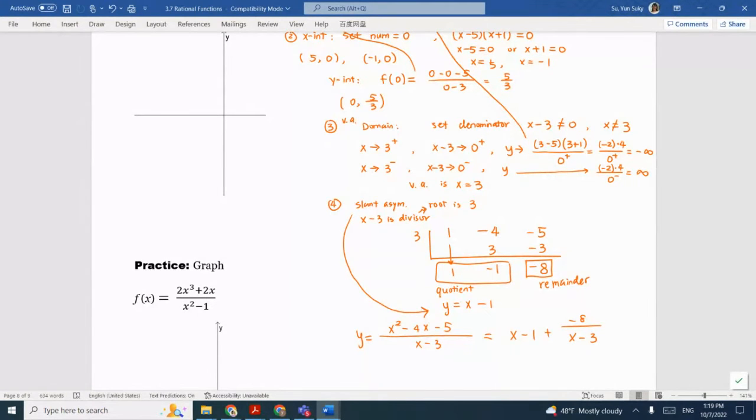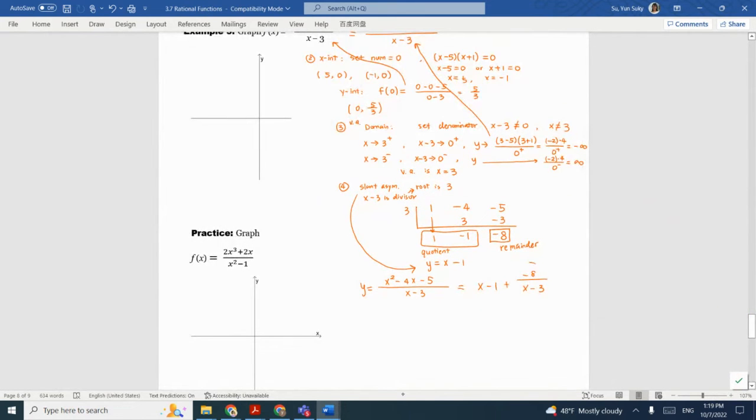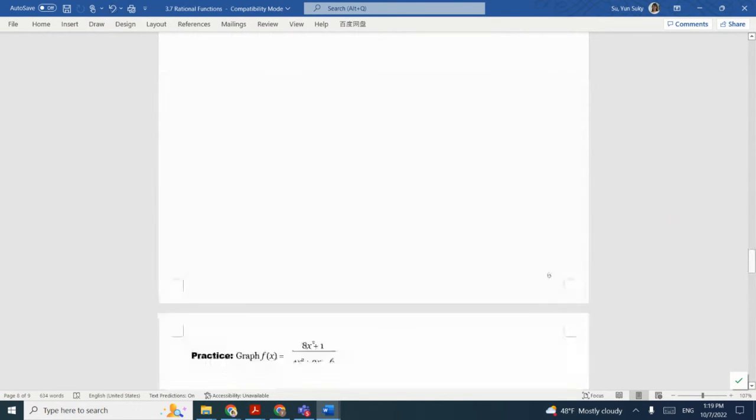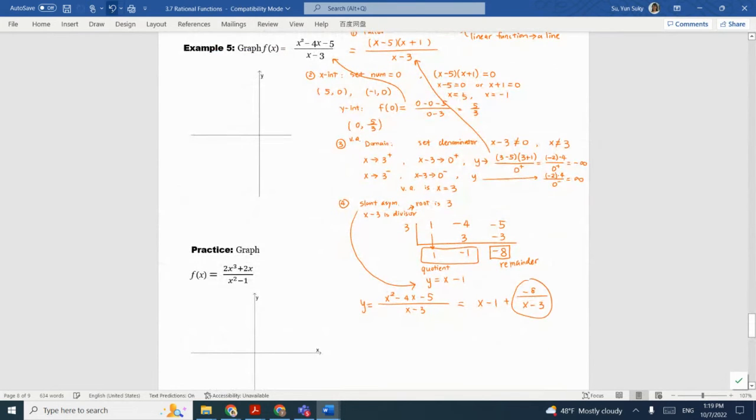This is a constant over infinity, so this term goes to 0. That's why our function approaches the line y equals x minus 1, and that's why this is a slant asymptote.